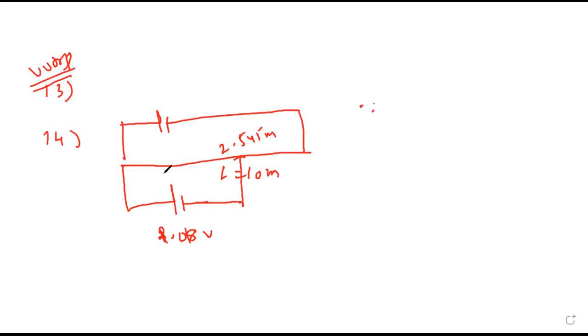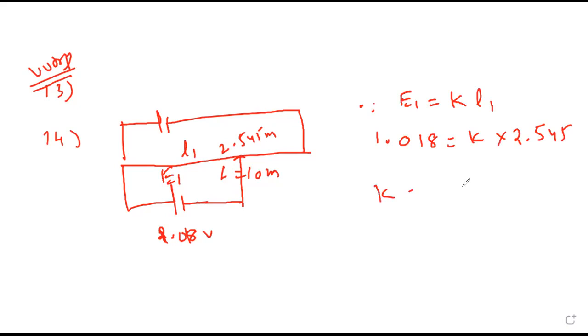Since balancing cell E1 is K L1 in potentiometer, 1.018 is K into 2.545. So K is 1.018 upon 2.545.